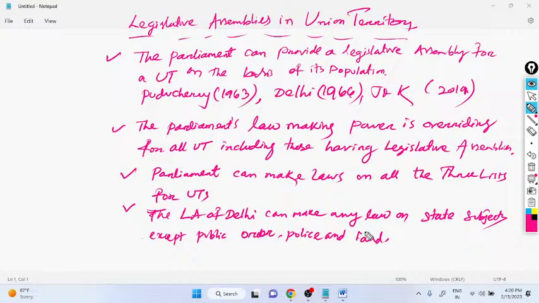Okay, so these are the major powers, and also Jammu Kashmir can make law except public order and land and police. Puducherry also can make law on the concurrent list and state list. So they can also make laws on the concurrent list.